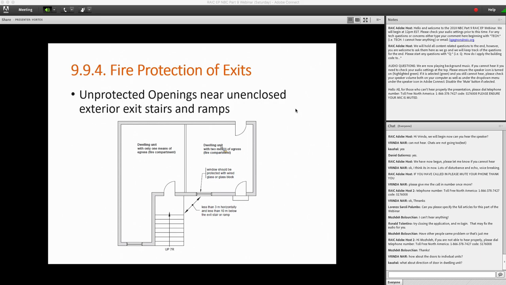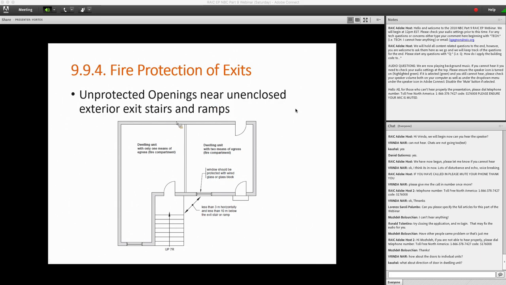From 9.9.4.4 to 9.9.4.6, the code discusses openings near unenclosed exit stairs, as well as openings in exterior walls of exits, and openings in exterior walls of other fire compartments that may pose exposure issues to occupants using the exit.